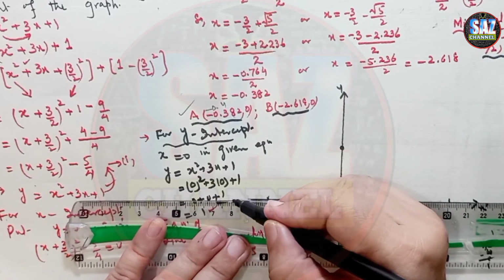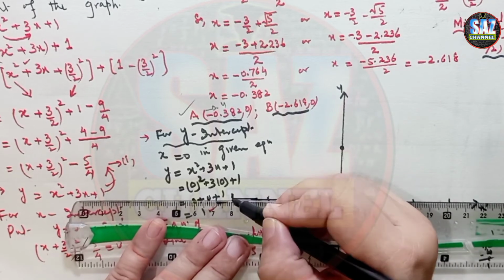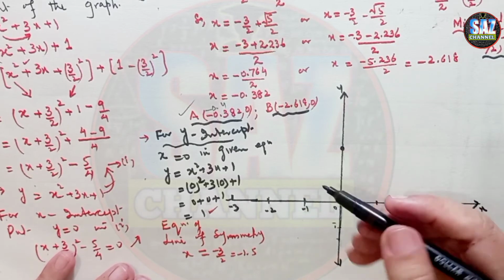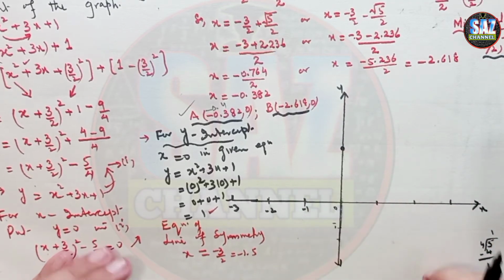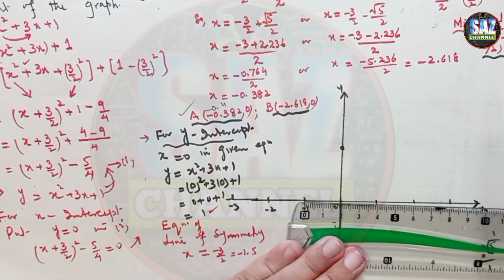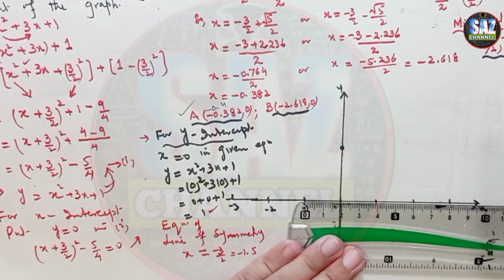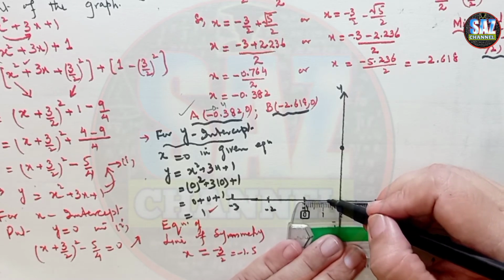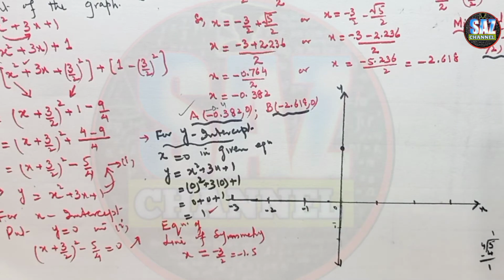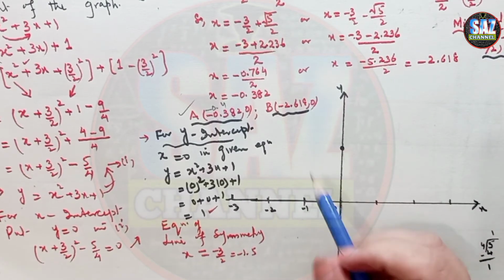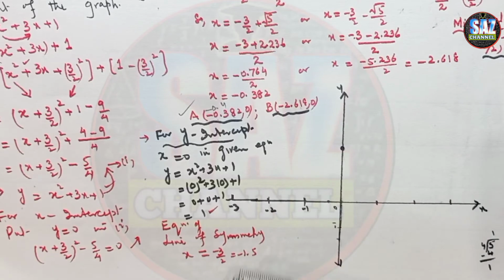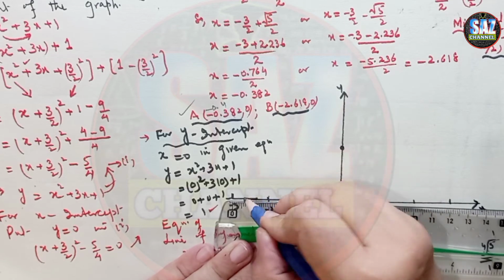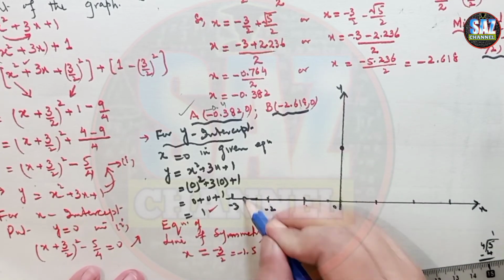This is 2 units, and minus 3, okay, minus 0.38. So this is the place for 0.5, and 0.38 is approximately 0.4, so it will be a little before this point, 0.4, and minus 2.6. It's a rough estimate. This is 2.5 and 2.6, a little beyond this, 2.6.